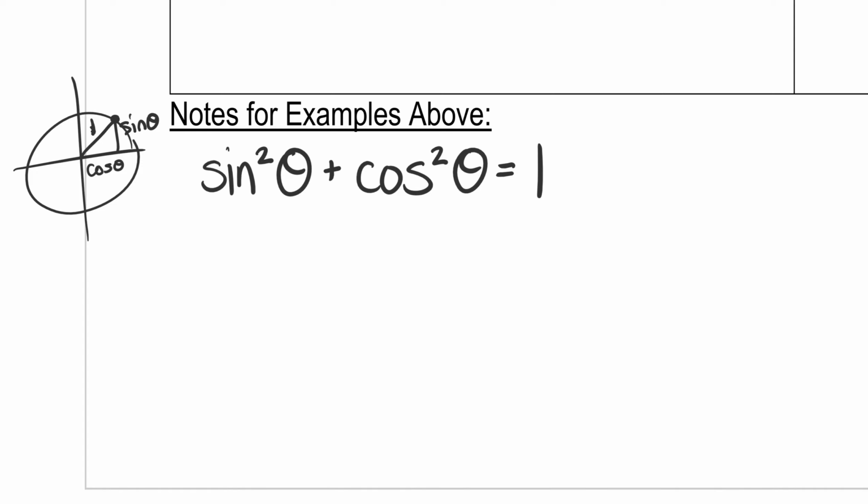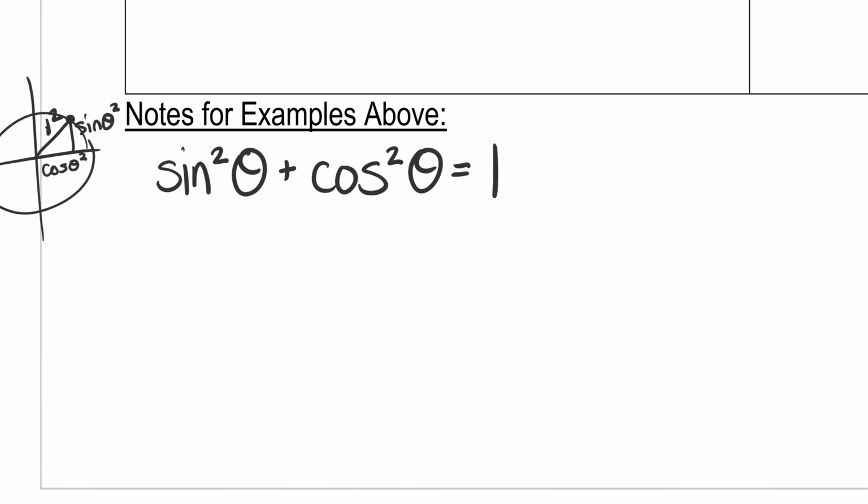So Pythagorean theorem would be cosine squared plus sine squared, a squared plus b squared equals c squared. 1 squared is still 1. Maybe that helps to understand where this comes from. If not, you don't really need to know that. It's just cool information of where that came from, why it exists. So that's why it's a Pythagorean identity.